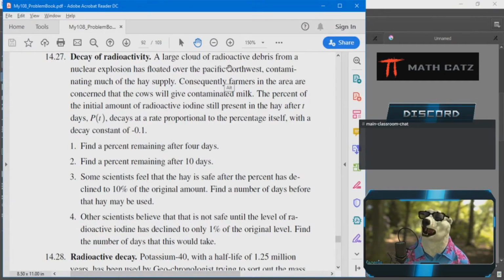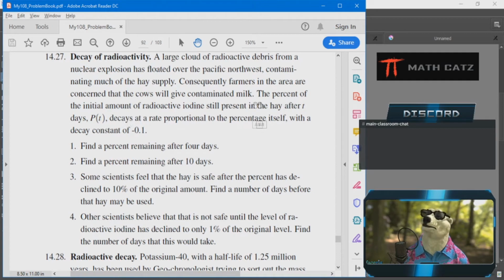A large cloud of radioactive debris from a nuclear explosion has floated over the Pacific Northwest, contaminating much of the hay supply. Consequently, farmers in the area are concerned that the cows will give contaminated milk.